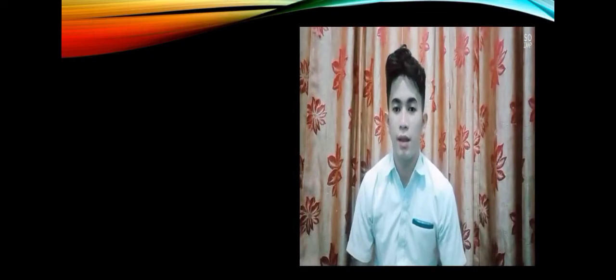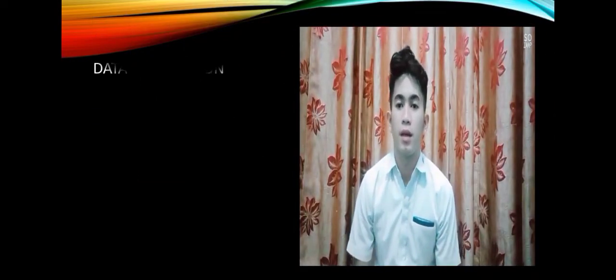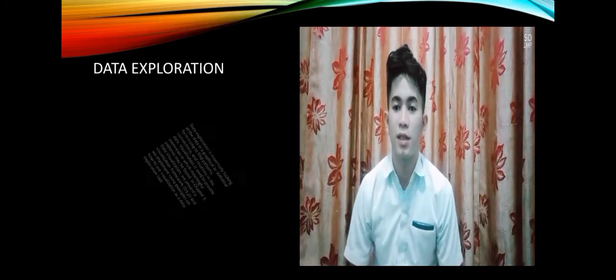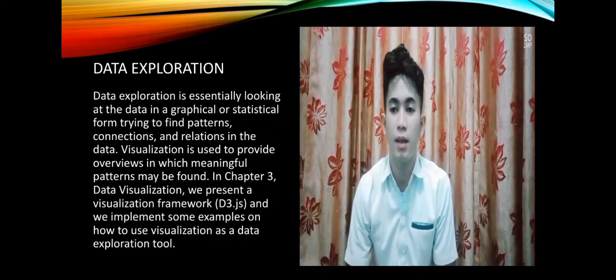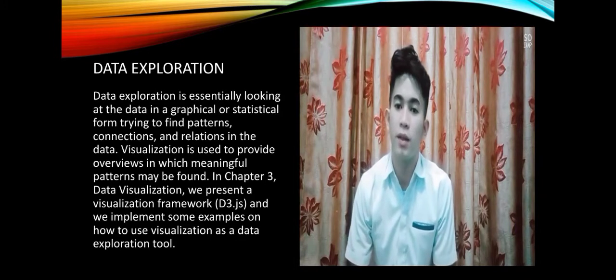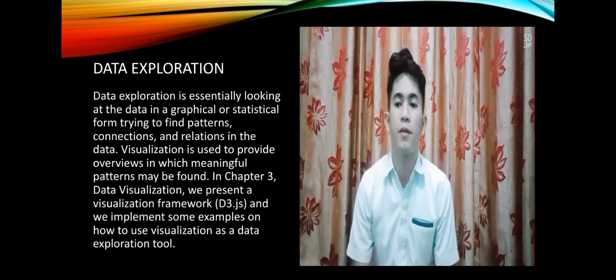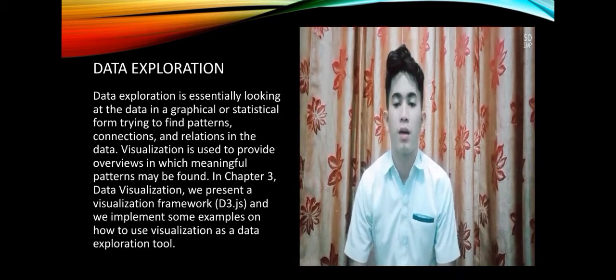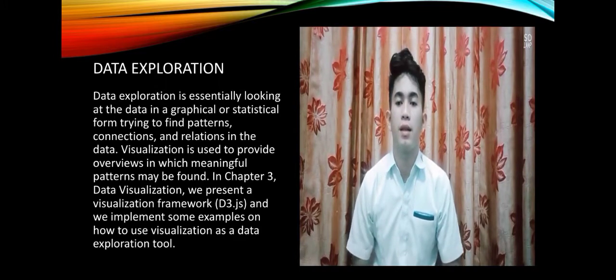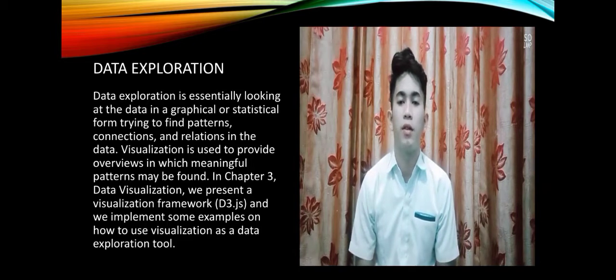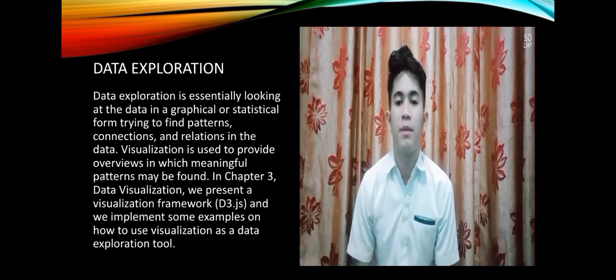So next is data exploration. Data exploration is essentially looking at the data in a graphical or statistical form, trying to find patterns, connections, and relations in data. Visualization is used to provide overviews in which meaningful patterns may be found.